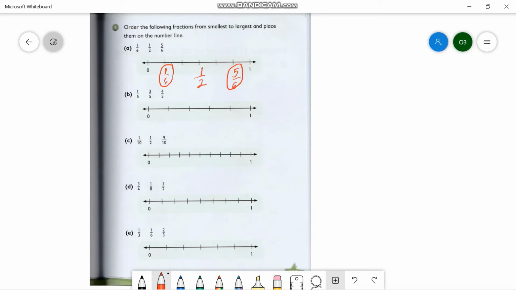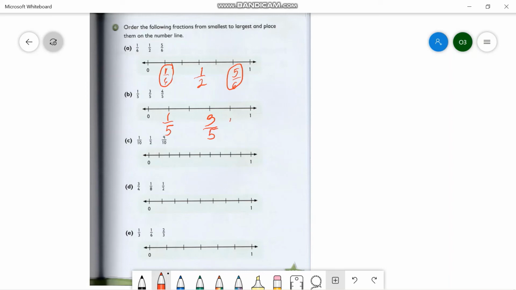Okay, now in letter B, you just have to write 1/5, 3/5, and 4/5. So this is 1/5. 1, 2, 3. So this is 3/5.